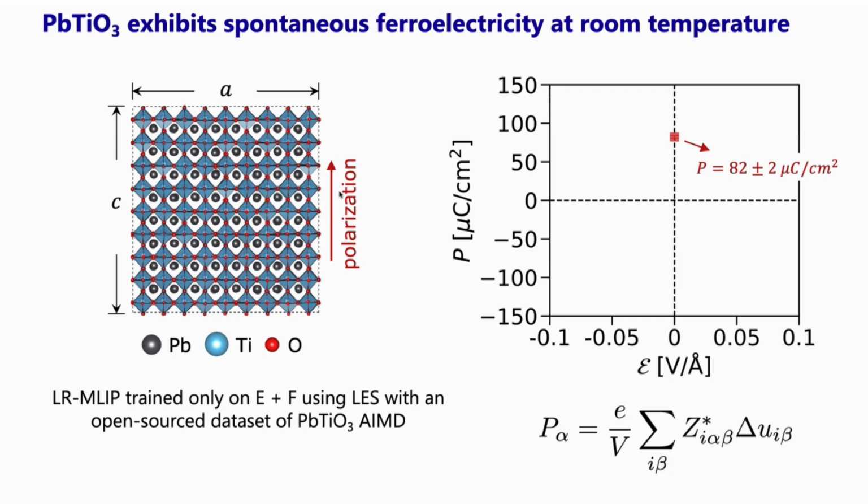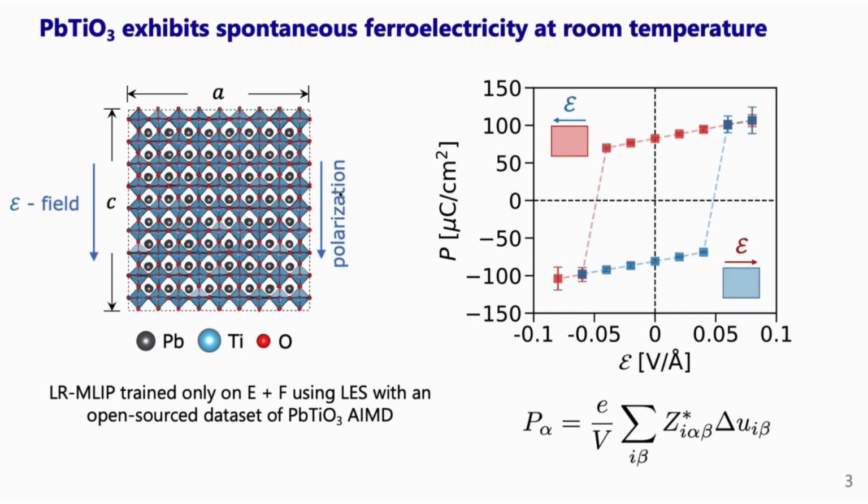We can now add external electric field to see how the external electric field affects the polarization of my material. And from this, we can simulate the hysteresis loop. So let's say if originally I have spin up, I can put the opposing electric field to make it spin down and look at the hysteresis.